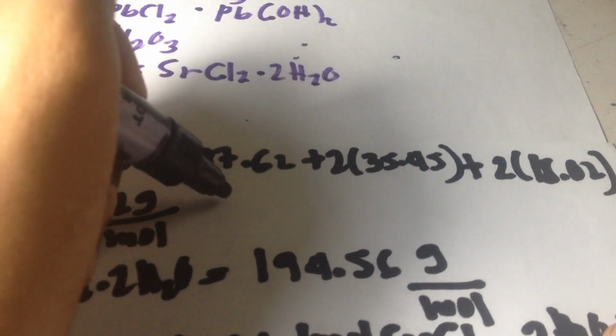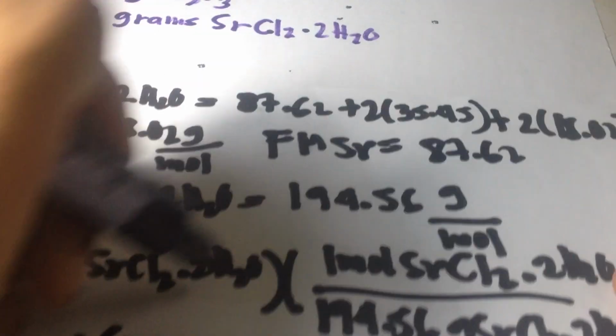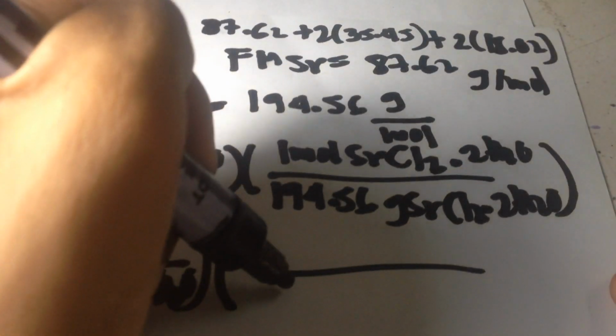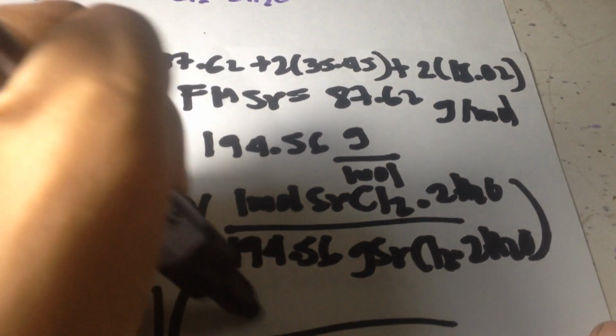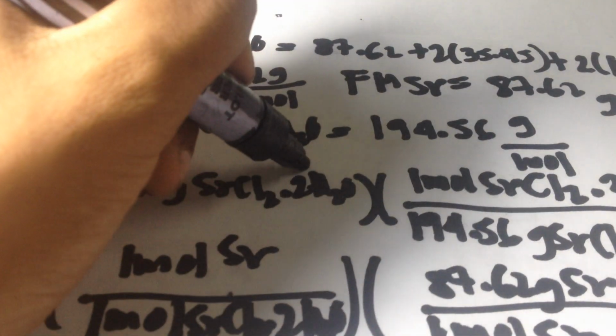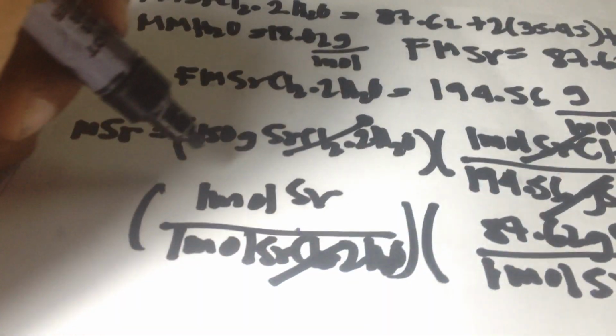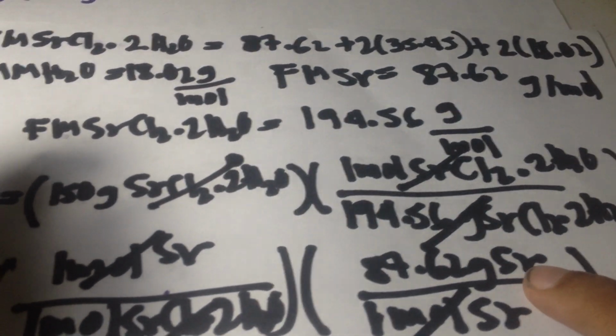The formula mass of strontium is 87.62 grams per mole. So the grams and moles cancel, and the left is grams.